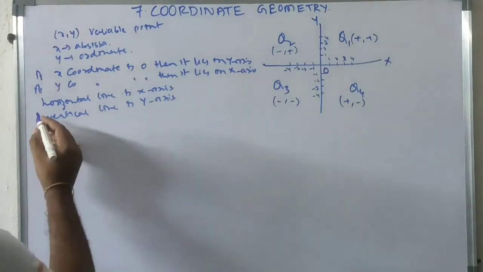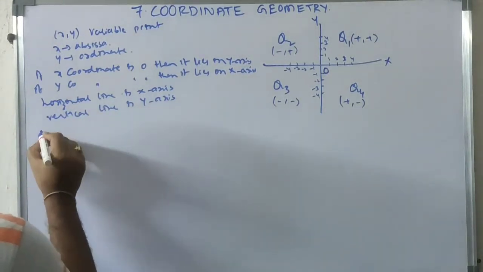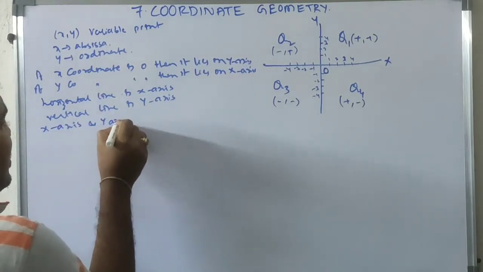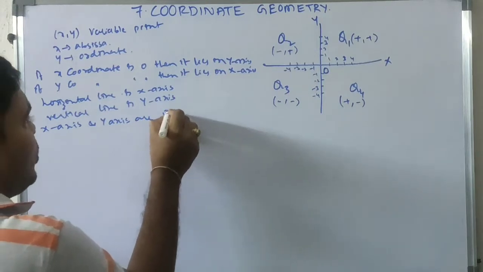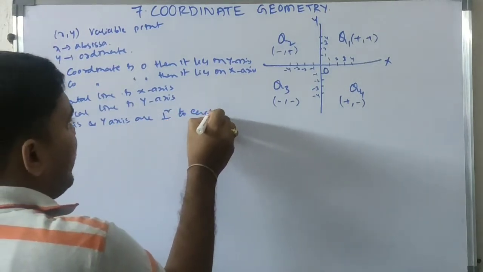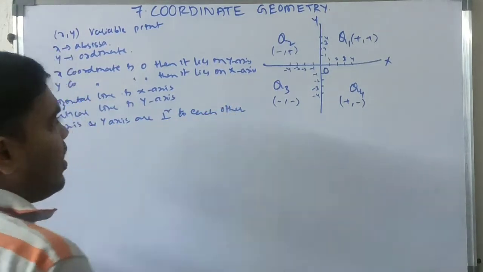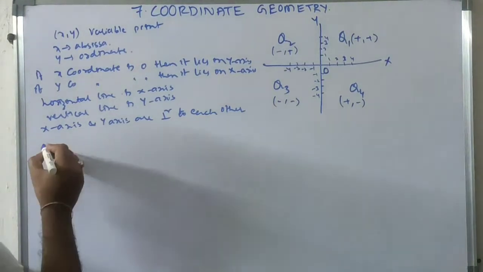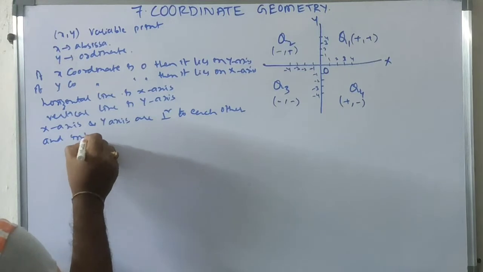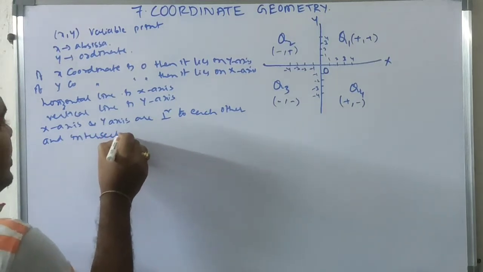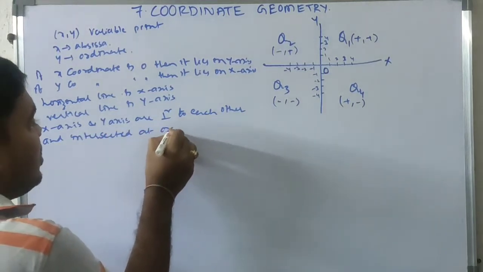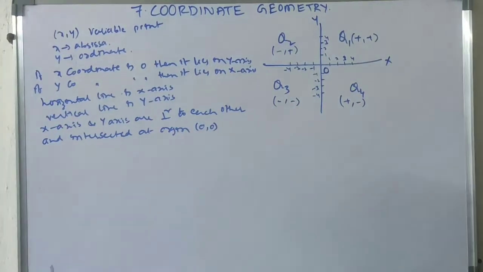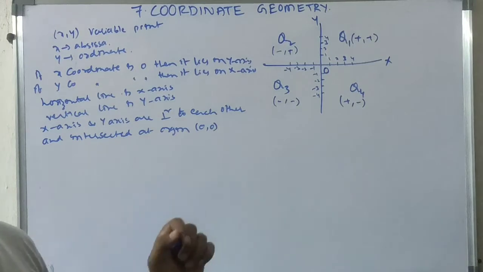Now, the x-axis and y-axis are perpendicular to each other and intersected at origin. We denote it with point O, 0 comma 0.